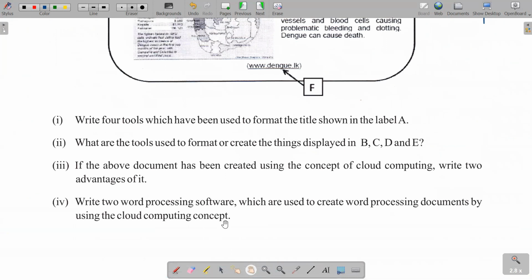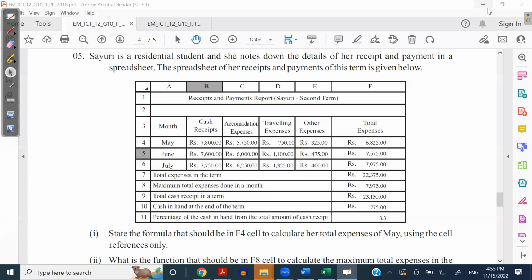Right, and the third one, if the above document has been created using the concept of cloud computing, write 2 advantages of it. Right. So what are the advantages of cloud computing? Let me take you the advantages from the marking scheme.